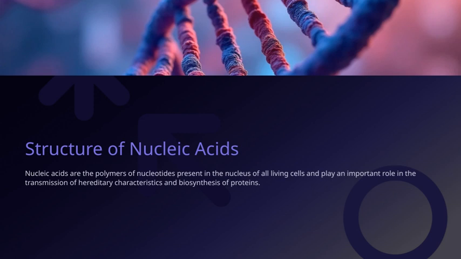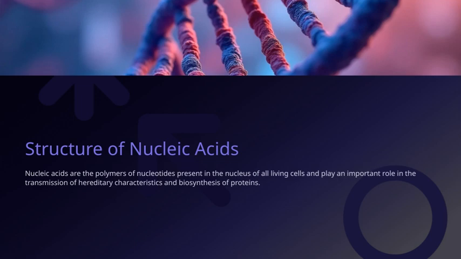Now, when we talk about the structure of nucleic acids, we're delving into how these molecules are built. Understanding their structure helps us grasp how they perform their functions. Nucleic acids are made up of long chains of nucleotides, each consisting of a sugar, a phosphate group, and a nitrogenous base. These building blocks are linked together in a specific way, forming a double helix in the case of DNA, for example.